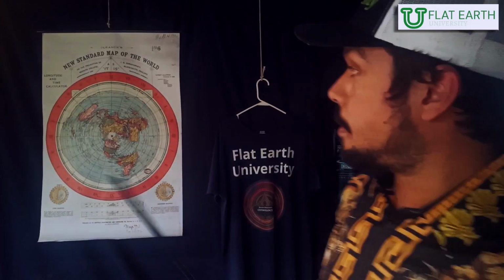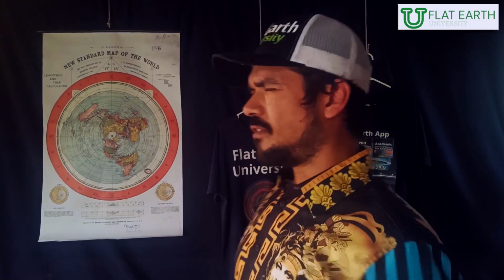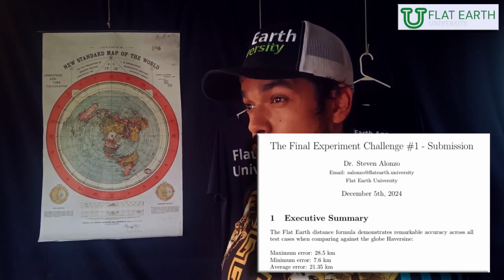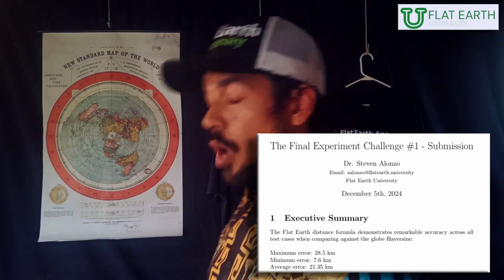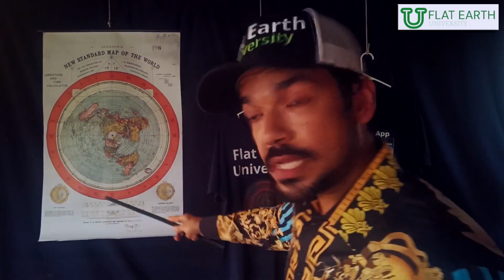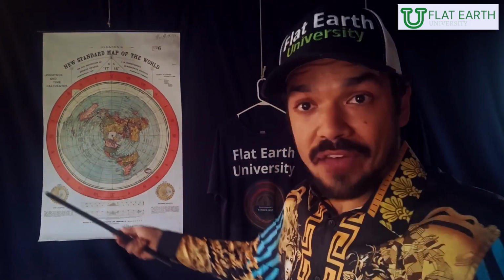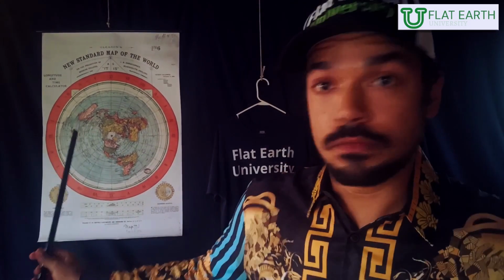So on my model of how I argue flat Earth, even in my submissions for the final experiment challenge, number 1 was flight distances. To accurately get the distance traveled, you have to do a Lorentz-ether transform. You have to. I don't know a different way to do it. And it makes a lot of sense.